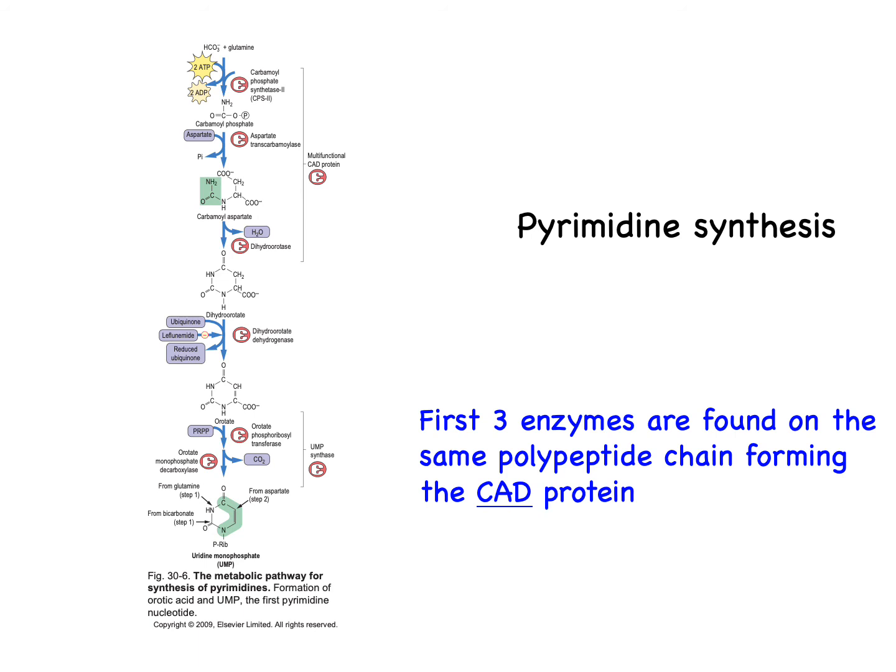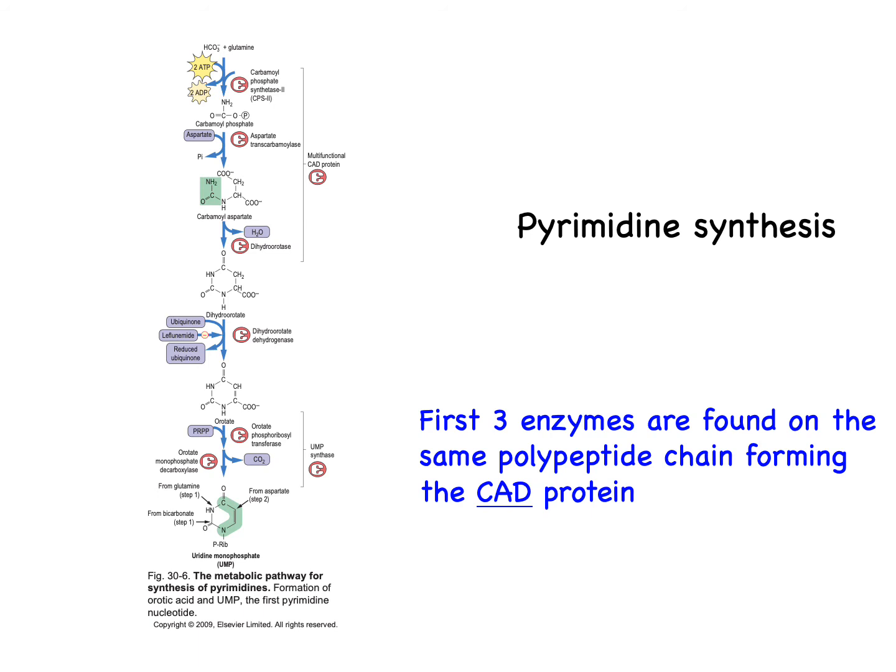And when they did that, they found that they also got extra genes for carbamyl phosphate synthetase and dihydroorotase. And so then they realized that it was the same gene making one polypeptide that had all three of these activities. So now you can see why you wouldn't want to use the same enzyme in the urea cycle, because it's attached to these other two enzyme activities in the pyrimidine synthesis pathway.